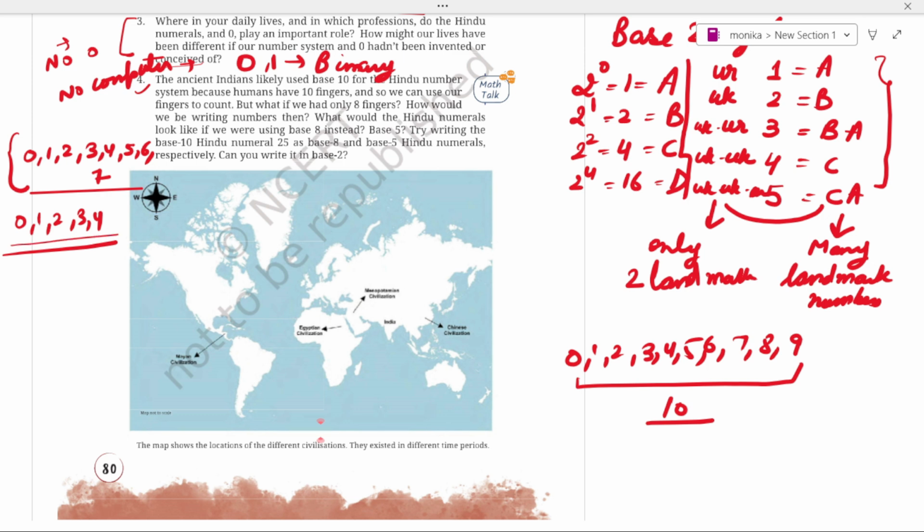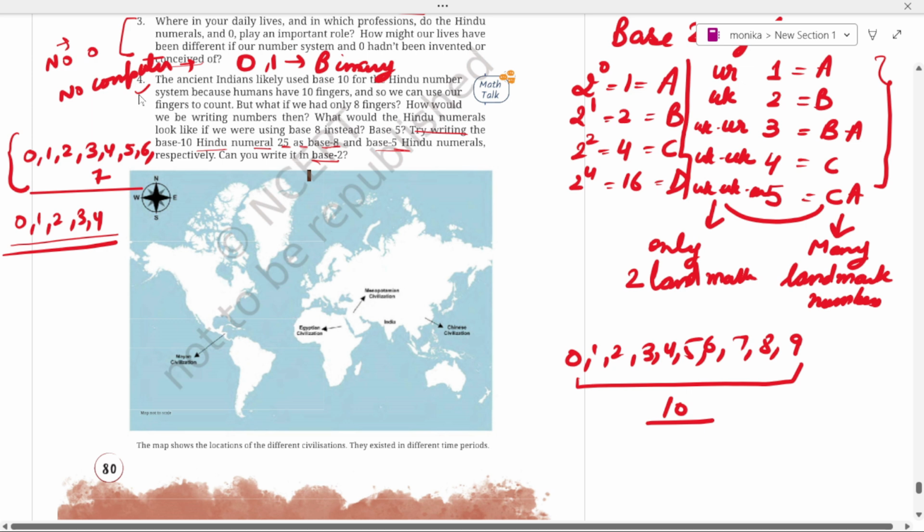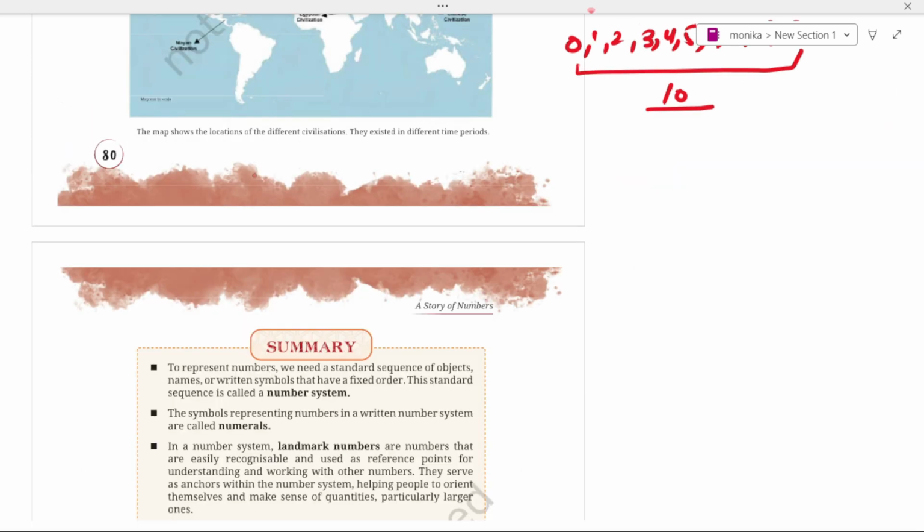So they are asking now, try writing the base 10 numeral 25 as base 8 and base 5 Hindu numerals respectively. Can you write it in base 2? Do it. How to do this question? You are going to present 25 as base 8.